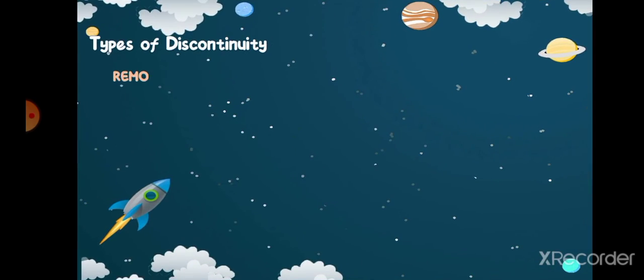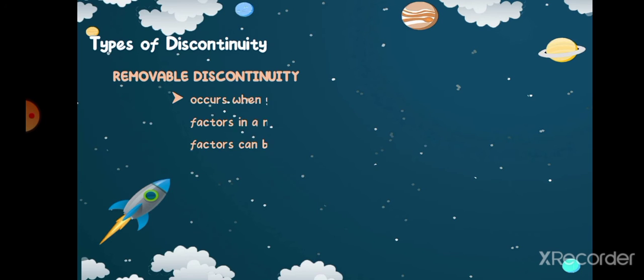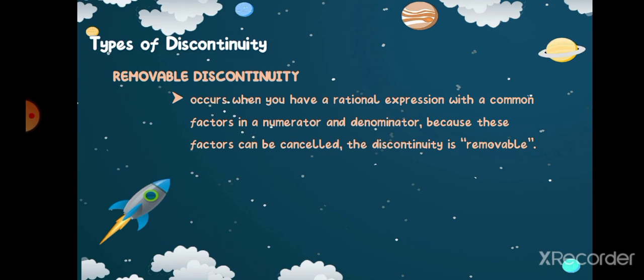Another type of discontinuity is the removable discontinuity. It occurs when you have a rational expression with common factors in the numerator and denominator, because these factors can be cancelled. The discontinuity is removable.